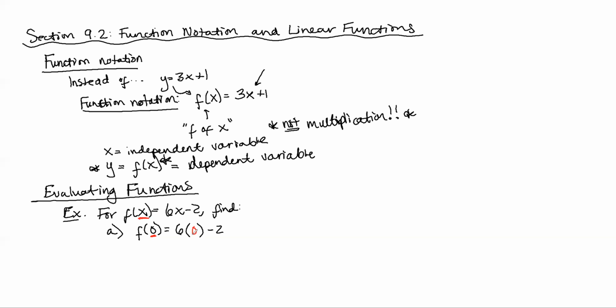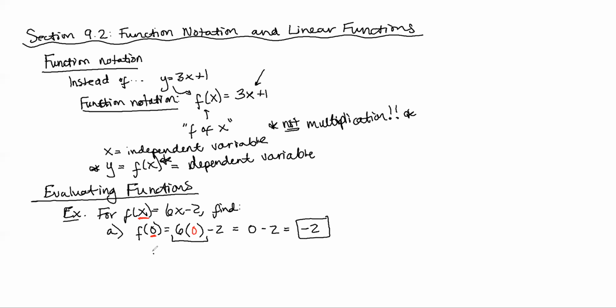and I'm always going to put it in parentheses when we plug it in. When you have negatives, you're going to want the parentheses there, because it's going to make it look nicer, and it's going to make sure that you evaluate it correctly. Now with order of operations, 6 times 0 is 0, minus 2 is negative 2.